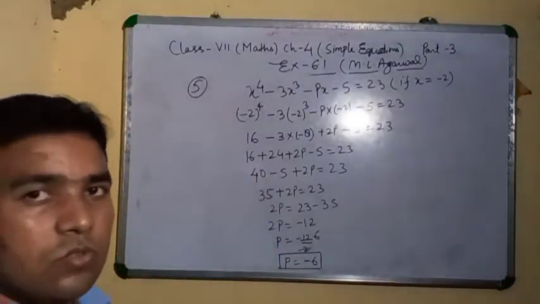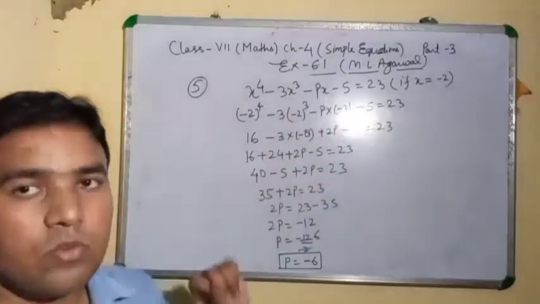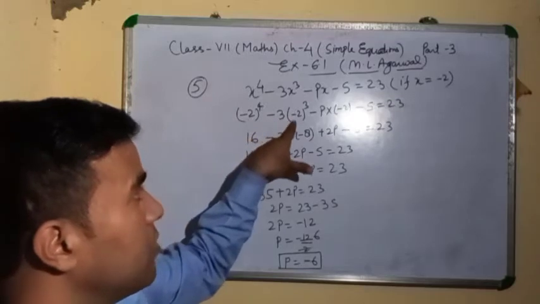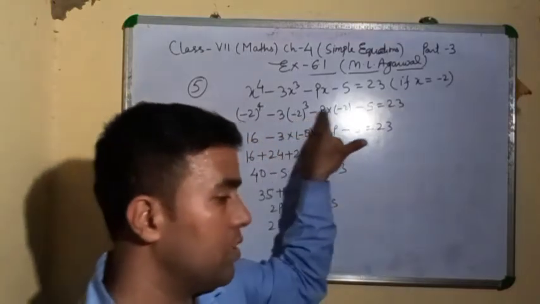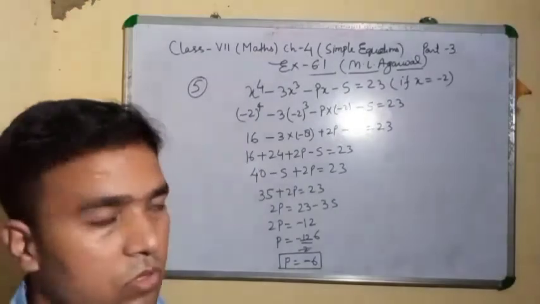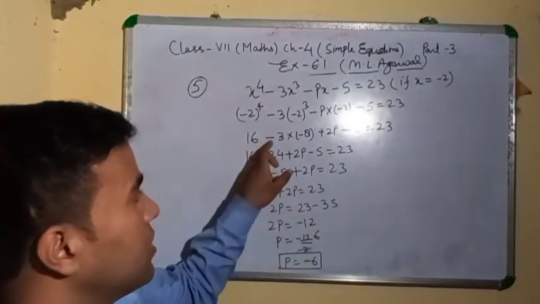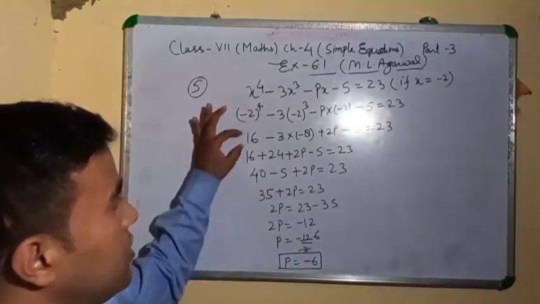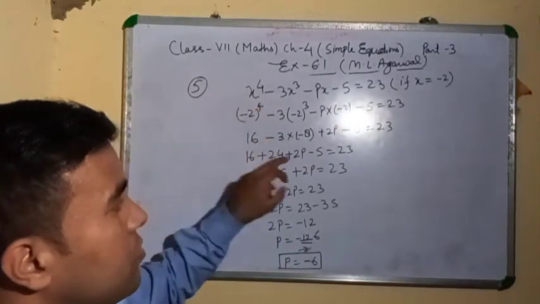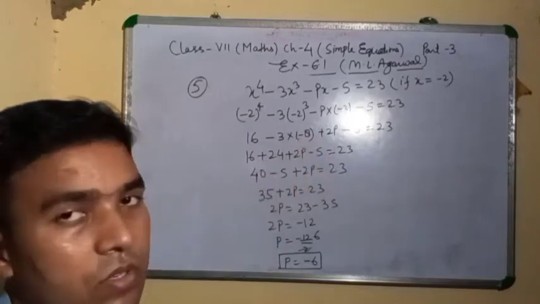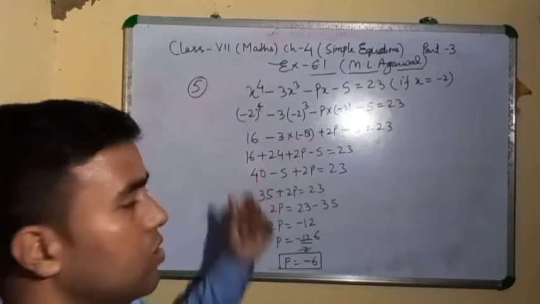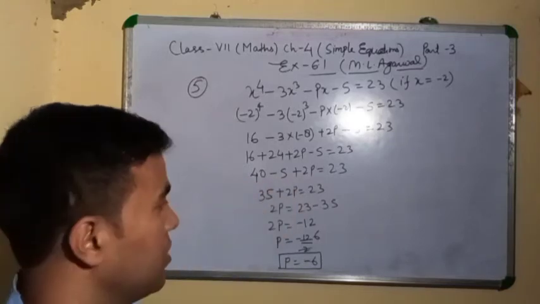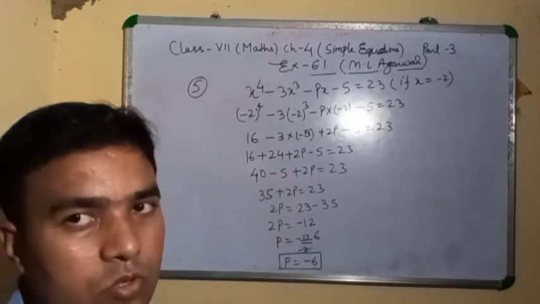X equal to minus 2 is given. In this equation put the value of x. Minus 2 power 4 minus 3 minus 2 power cube minus p minus 2 minus 5 equal to 23. 16 minus 3 minus 8 plus 2p minus 5 equal to 23. 16 minus minus plus 3 is 24 plus 2p minus 5 equal to 23. 24 16 40 minus 5, 35 plus 2p equal to 23.